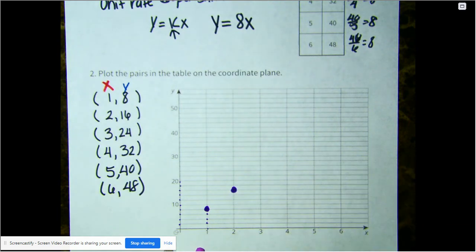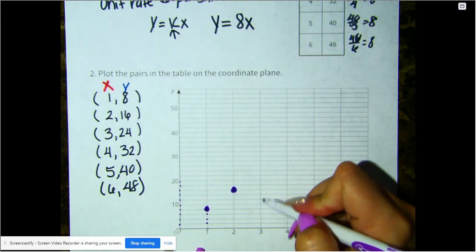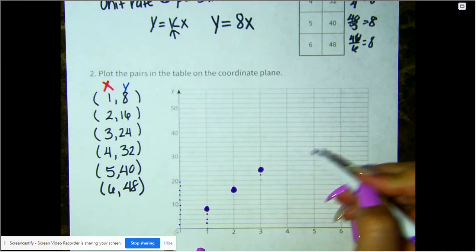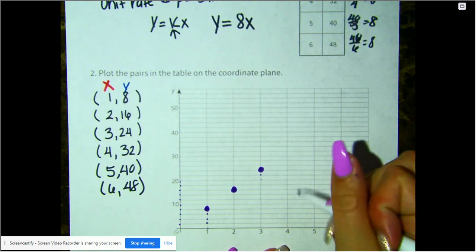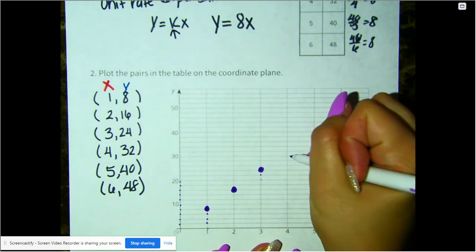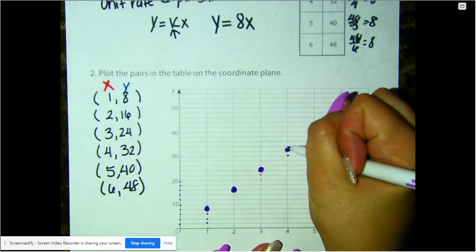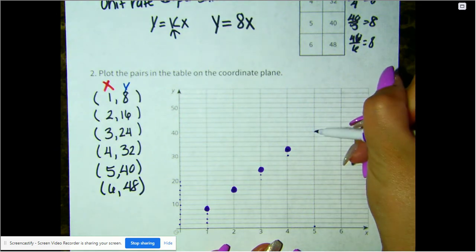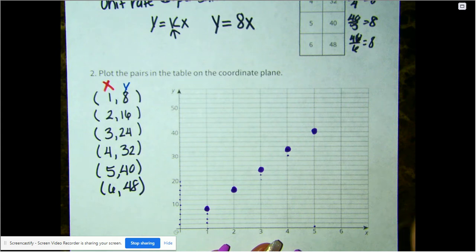We have a point. 3, 24: 20, 22, 24. We have a point. And then 4, 32: here's 30, and then up 2 would be 32. 5, 40, is that a point? And then 6, 48: 2 below 50 would be 48.